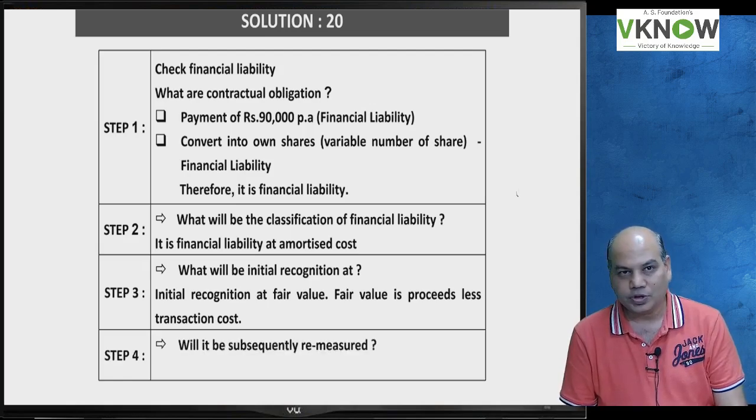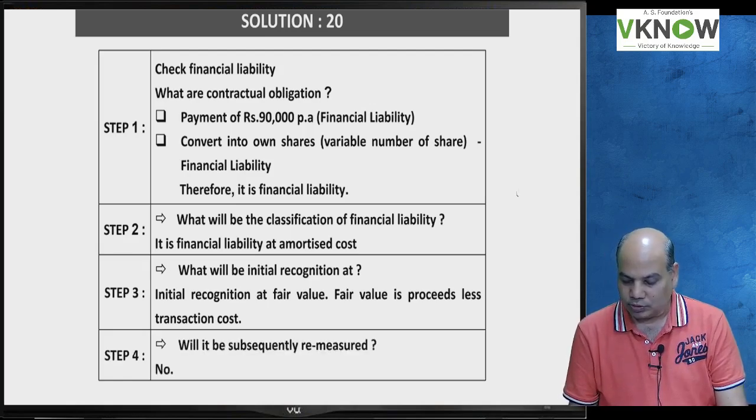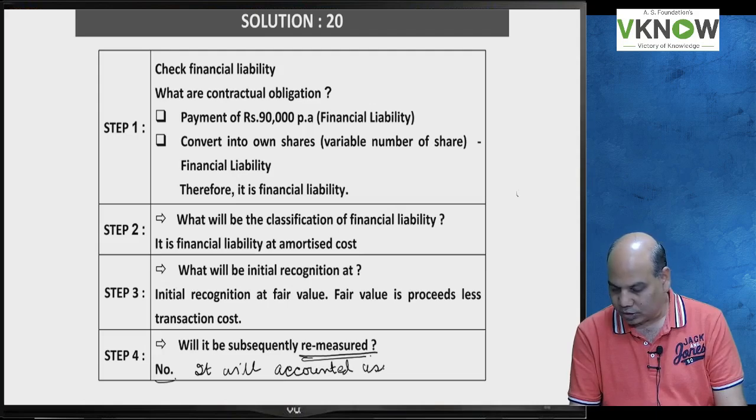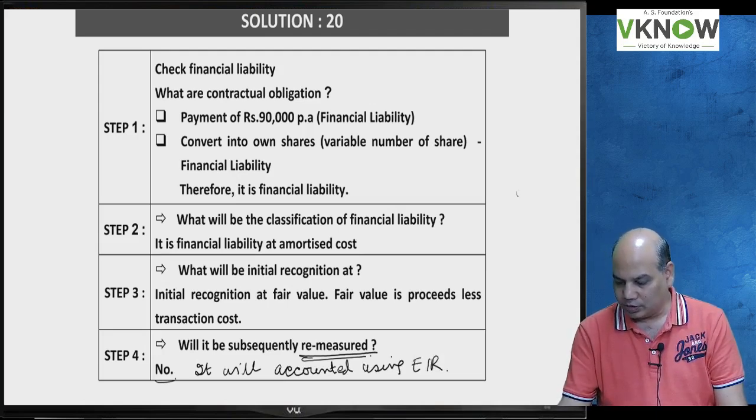And how will it be subsequently measured? Will it subsequently be fair valued? No. You can just add here, it will be accounted using EIR. It will be accounted using EIR.